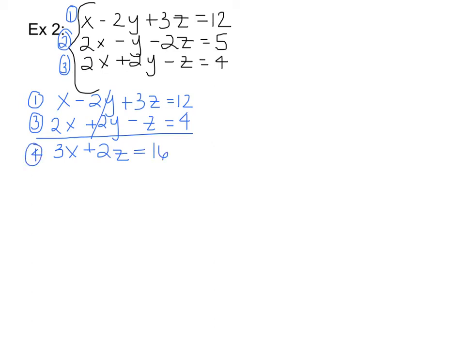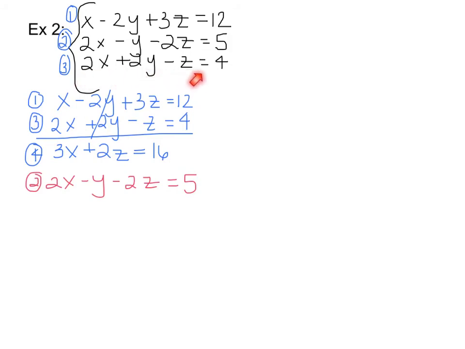Alright, so I did not use equation 2. I used 1 and 3, so I have to start with 2. So I have 2x minus y minus 2z equals 5, and again I have to make the exact same variable eliminate. So I made the y's eliminate in 1 and 3, and right now all I have is -y. So I would look at equation 1 and equation 3 to see which one might be the easiest for me to use.